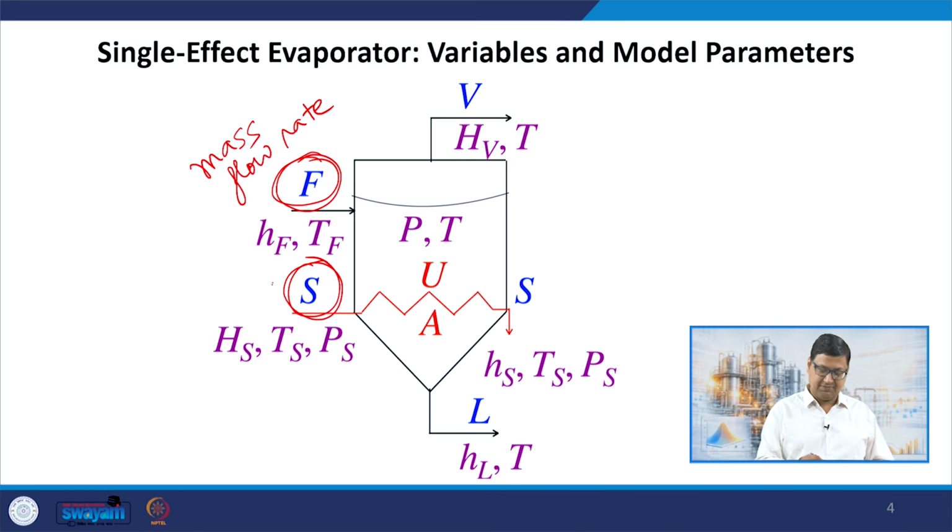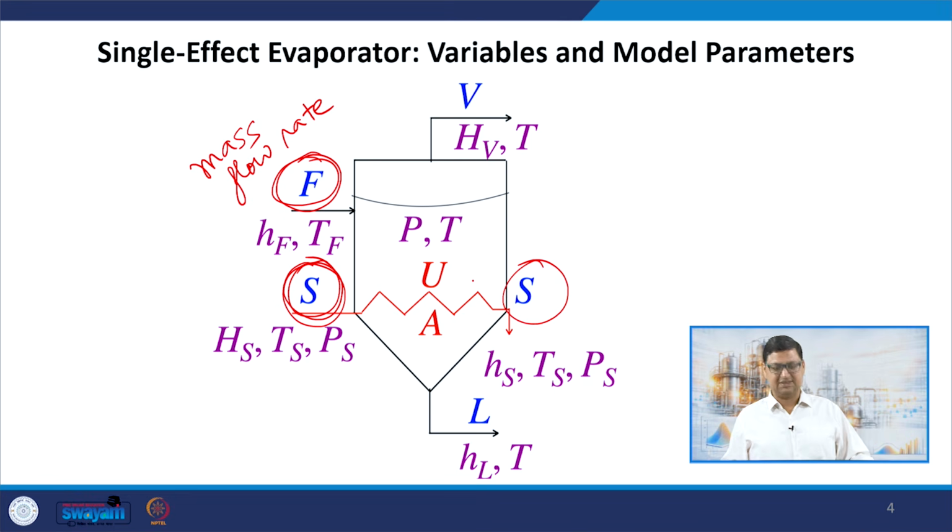So, we have some feed mass flow rate, and we have some steam mass flow rate that is used to provide the heat exchange necessary to raise the temperature in the evaporator to its boiling point. Clearly, whatever steam comes in, the same mass of steam condenses and comes out of the heat exchange tubes.